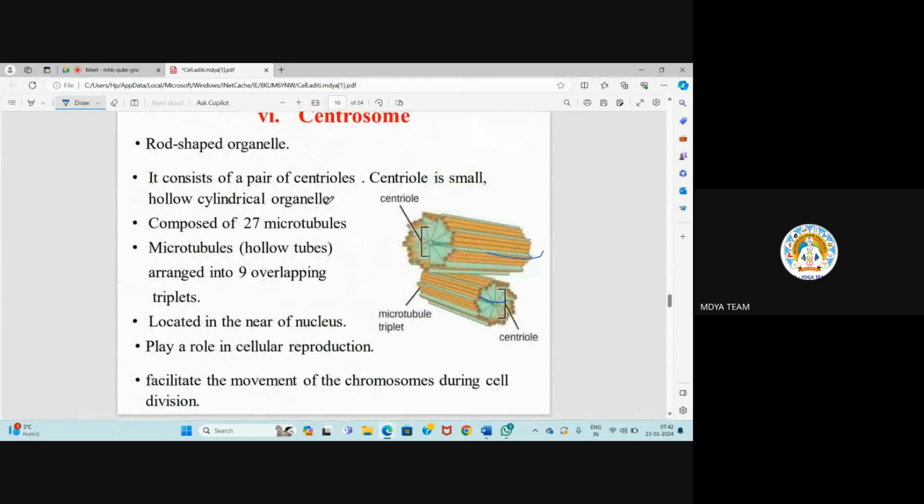So when a cell is being divided, then in those daughter cells also, centrosomes are giving the shape. It is like when you have seen making sculptures of soil.